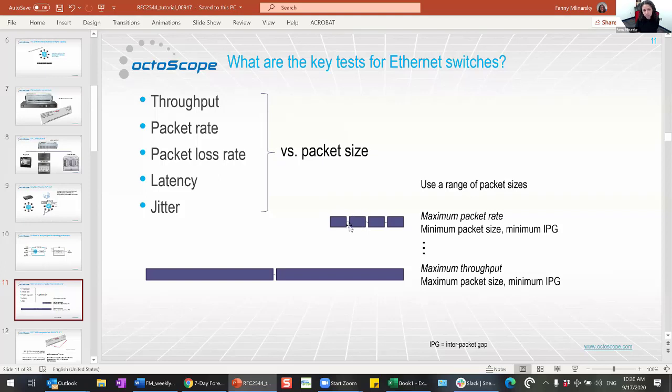So for lookup function and routing, the most difficult test is minimum packets, minimum IPG, in the Ethernet world, interpacket gap. That's the highest packet rate.